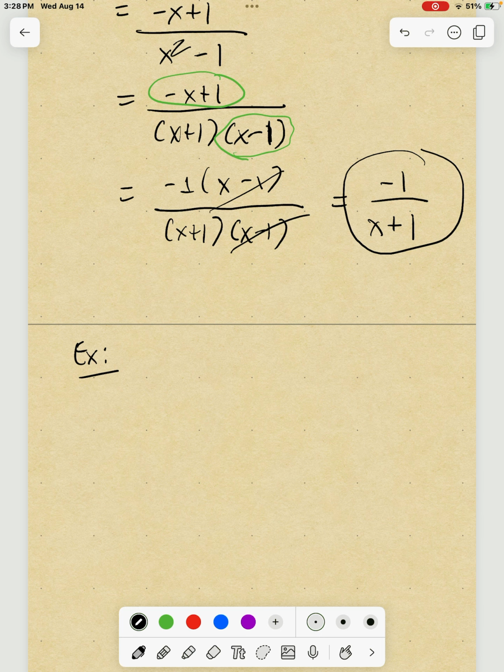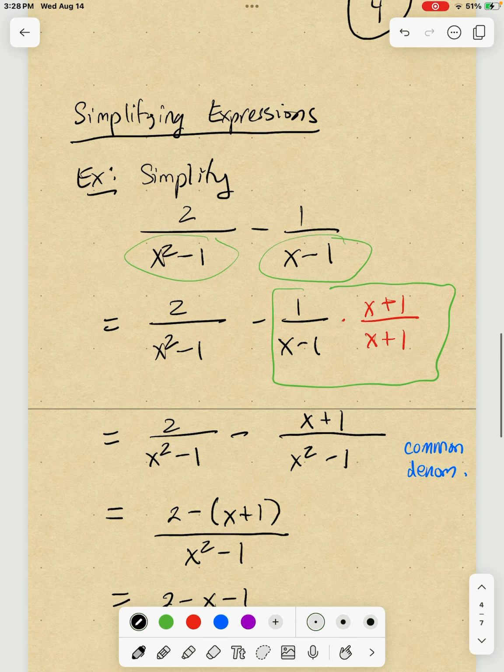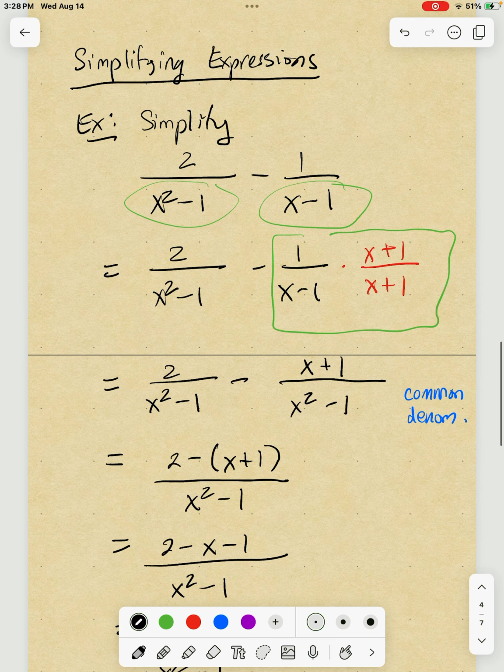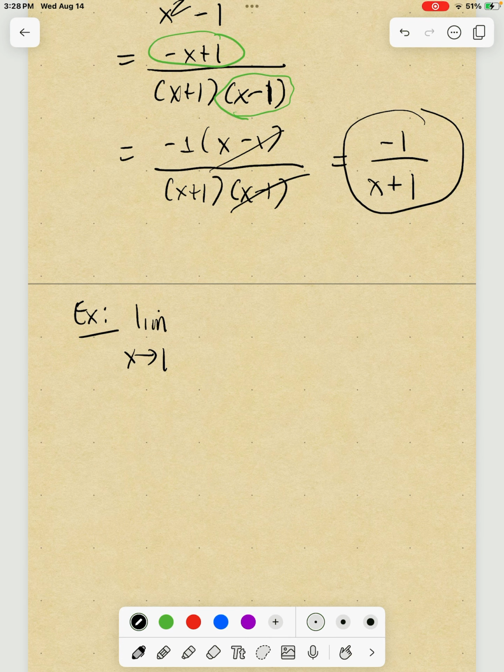Well, let's take the limit of this as x goes to 1. Okay, this is a little too easy because we already did the problem.